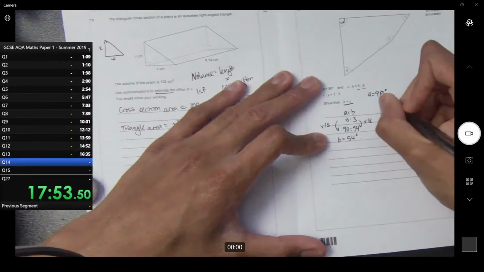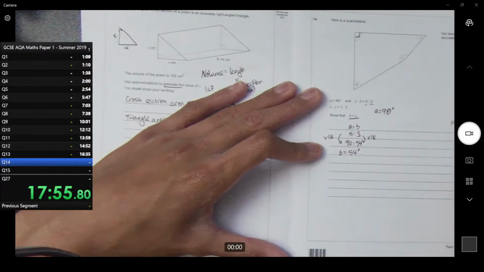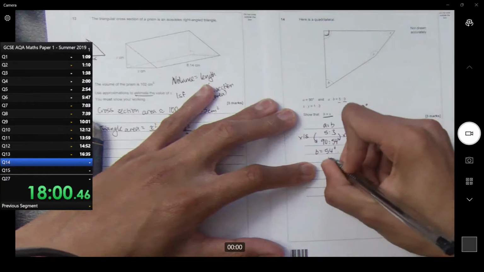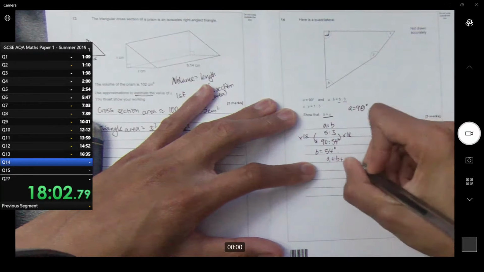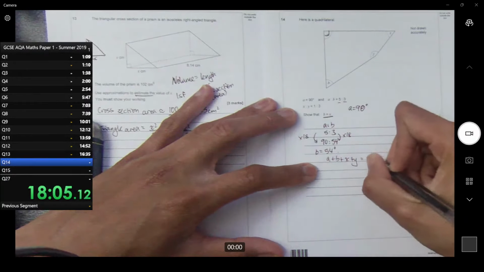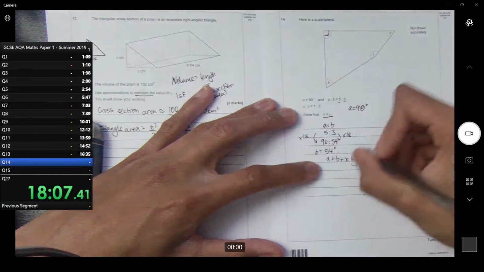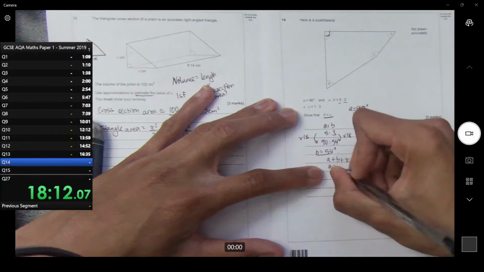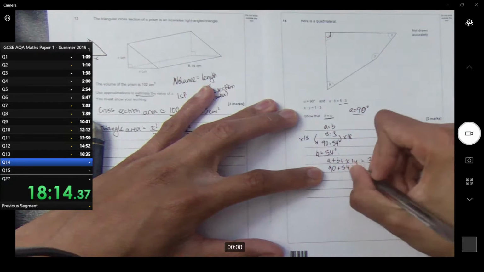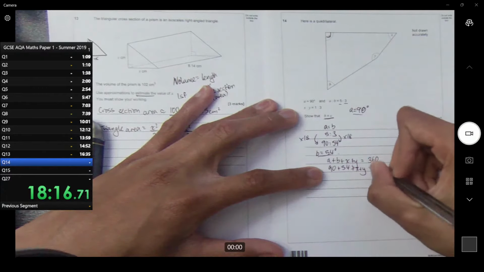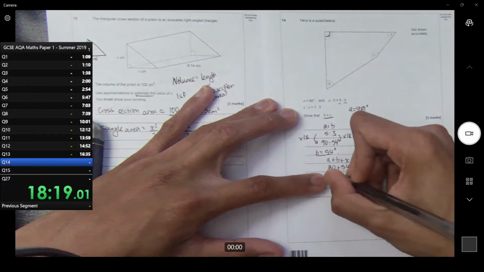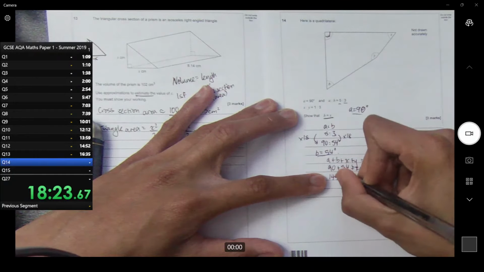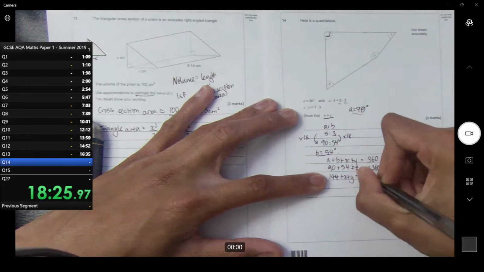So we know angles in a quadrilateral add up to 360. That means A plus B plus X plus Y is 360. And if we already know B and A, 144 plus X plus Y equals 360.